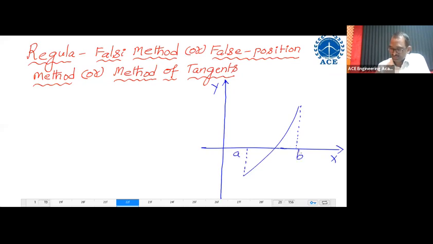This is A. Same bisection method diagram. This is A comma f of A. This is B comma f of B. This is the curve equation, let it be y is equal to f of x.